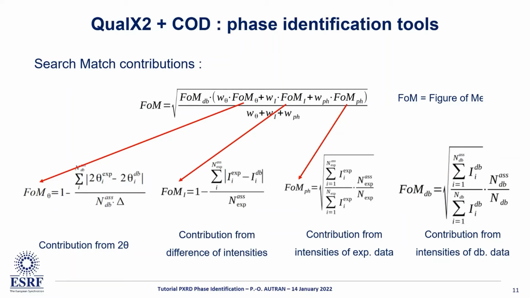It gives coefficients based on 2 theta contributions, meaning it compares the 2 theta values of a calculated pattern with the phase in the experimental pattern. It does this also for the intensities, taking into account coefficients based on the intensity of the experimental data itself and of the database itself. So it gives different tuning possibilities.